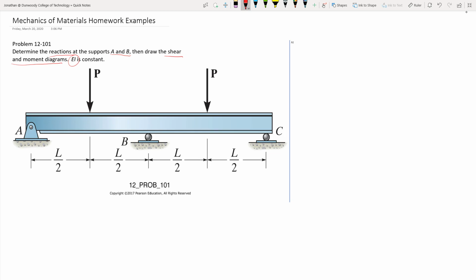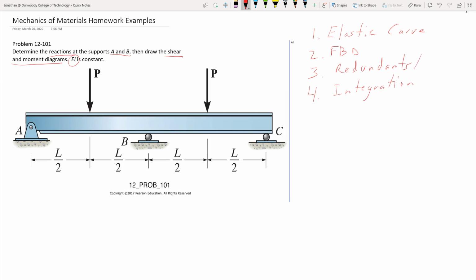So what do we have? What's our approach going to be here? So step 1, we need the elastic curve. Step 2, we'll draw a free body diagram. 3, we'll select a redundant. 4, we'll do some integration.